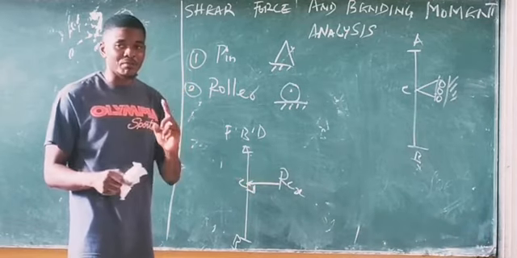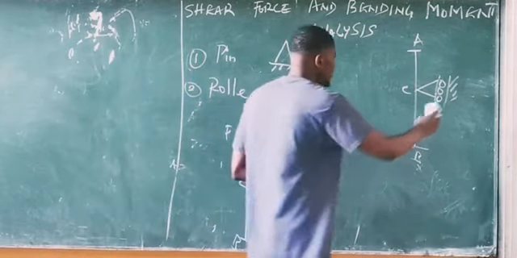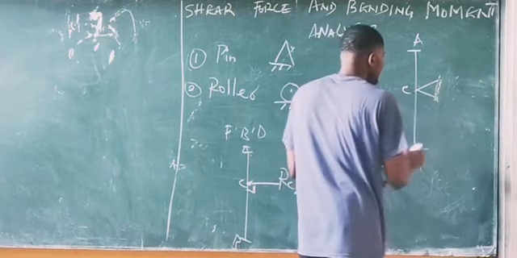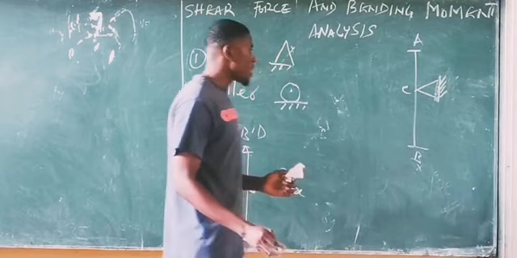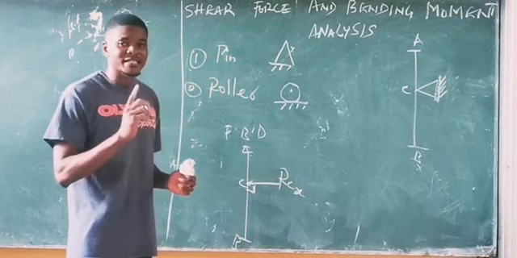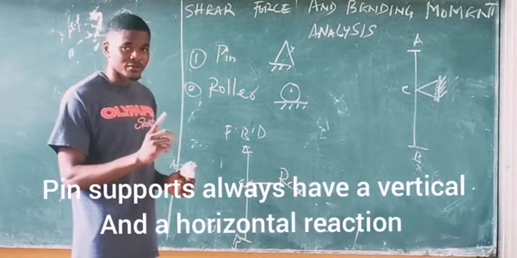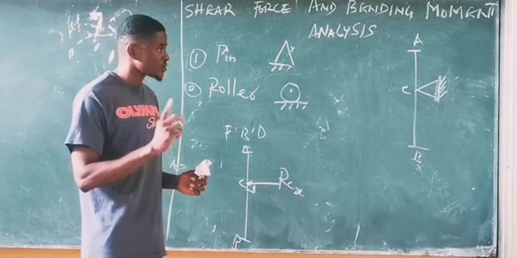It's quite different from a pin. Let's say we have a pin on this beam. Let's say it's a pin we have here. A pin is normal always. Whenever we have a pin, it is always a vertical and a horizontal reaction. Always a vertical and a horizontal reaction.